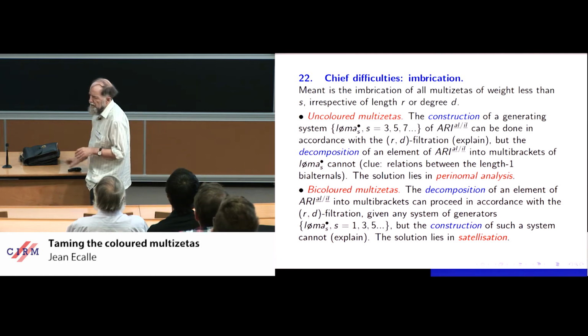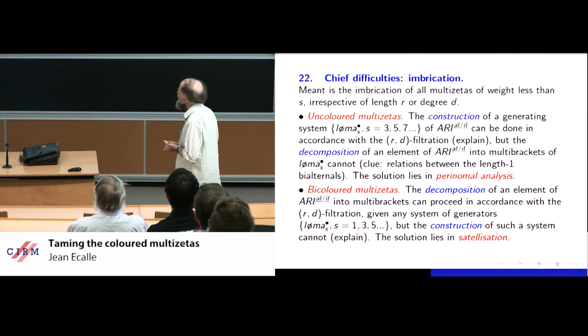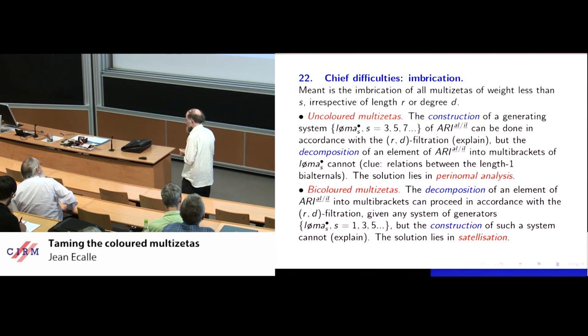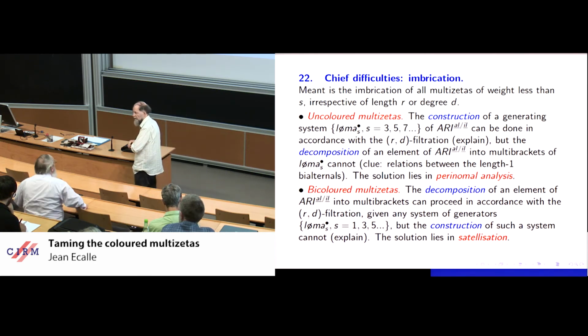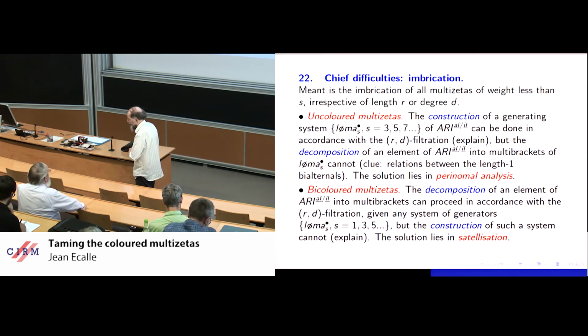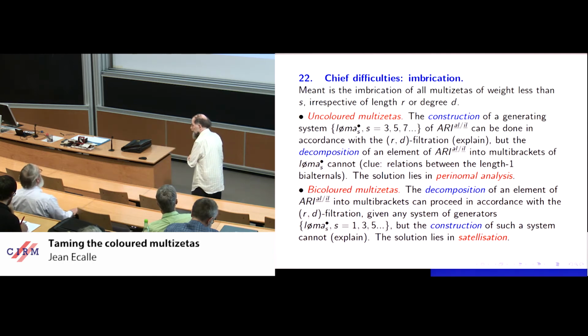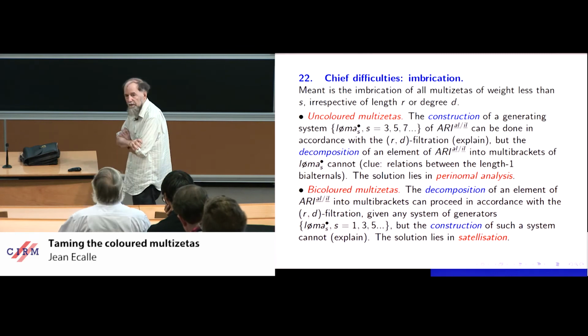And the second difficulty: think of the scalar multizetas. If you are interested in the multizetas of a certain weight, equal to that weight or less than that weight, there are obstacles to using the filtration by the length or by the degree. And they are quite different in the case of uncoloreds and in the case of colors.